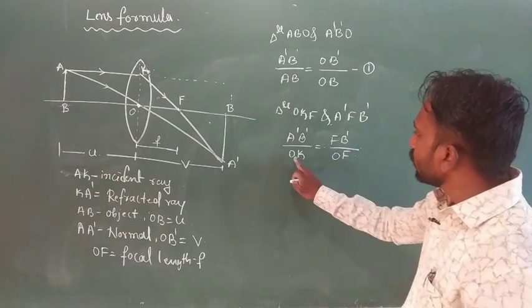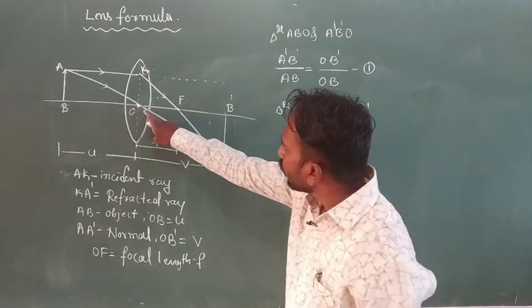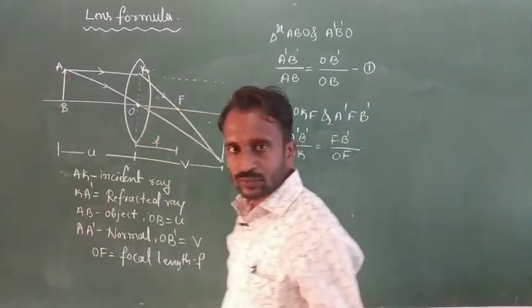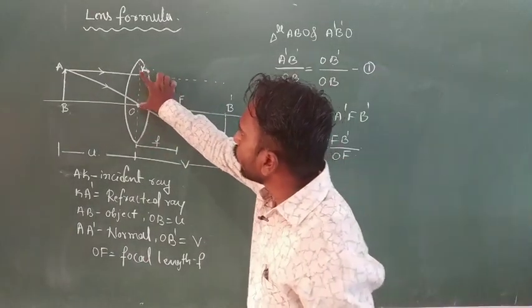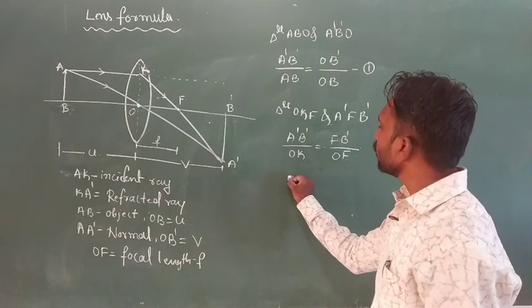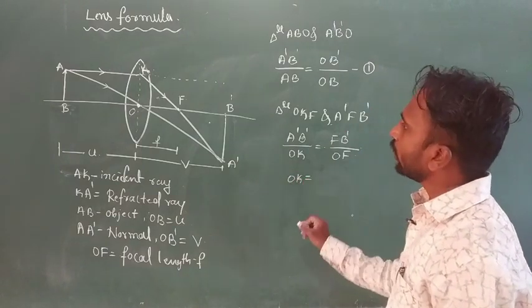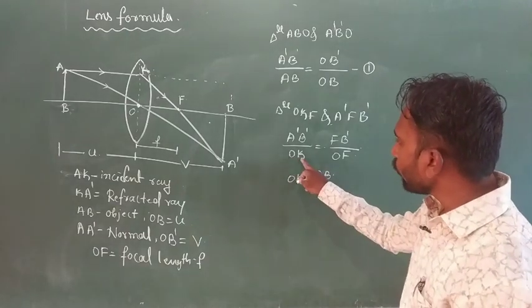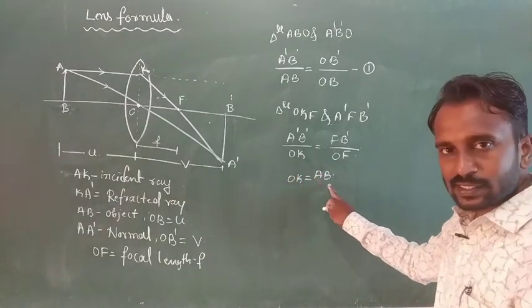Here OK is equal to AB. The length of OK is equal to the length of AB. So in place of OK, we consider AB.